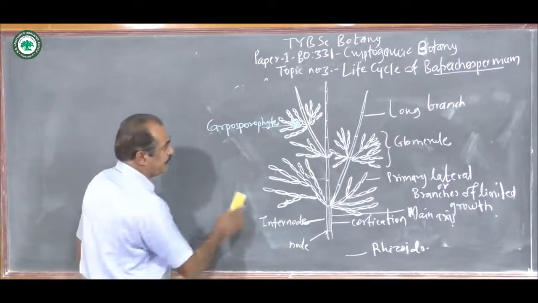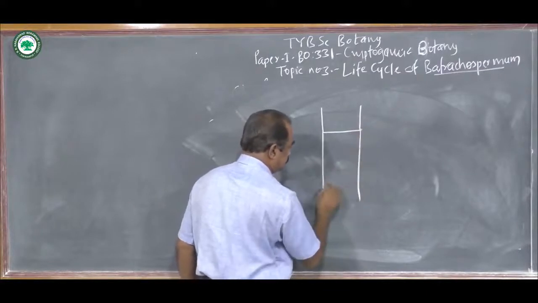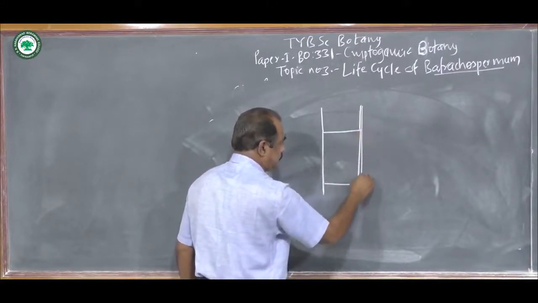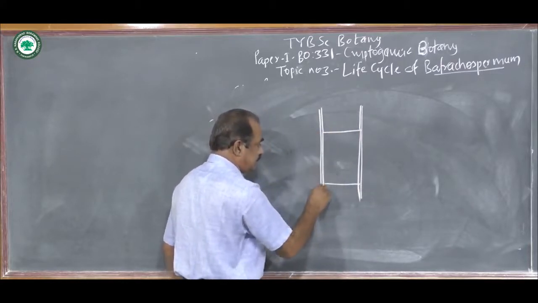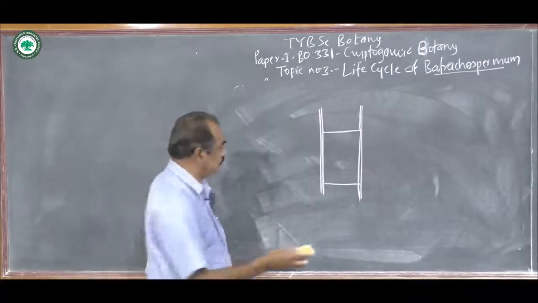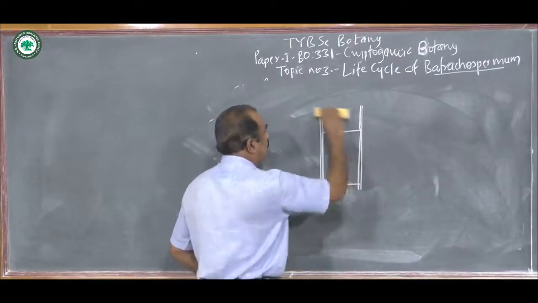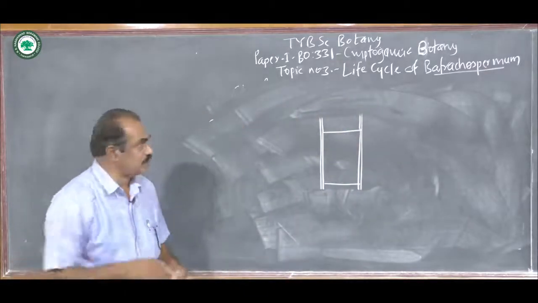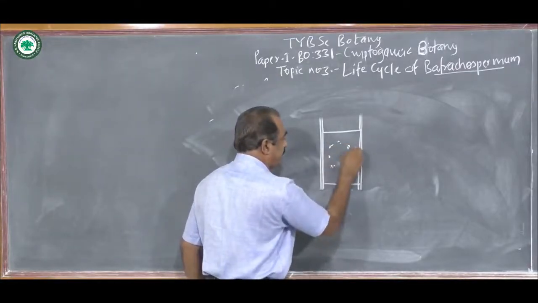So next point, that is the cell structure. Cells are somewhat rectangular in shape. They have outer wall and inner wall. Cell wall is formed by two layers. At the center there is the central vacuole.